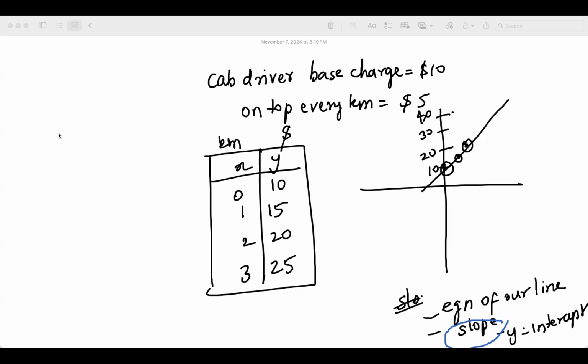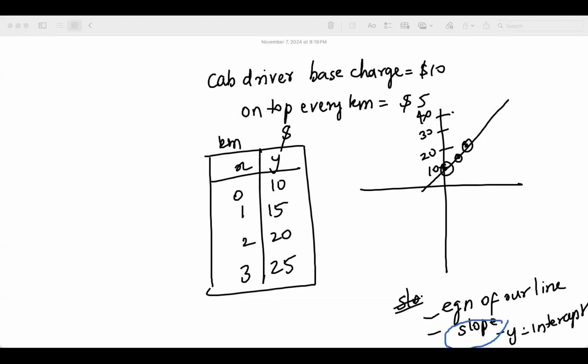What is the y-intercept, Danvi? The line is cutting the y-axis at that point. What is the y-intercept? 10 is the y-intercept.